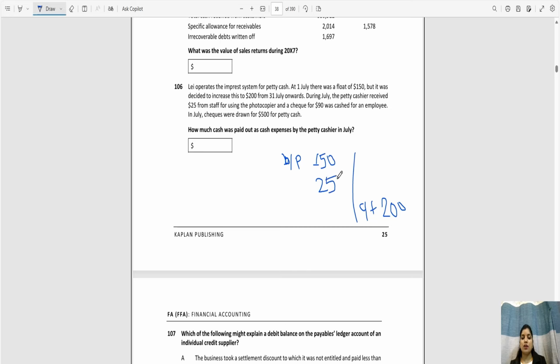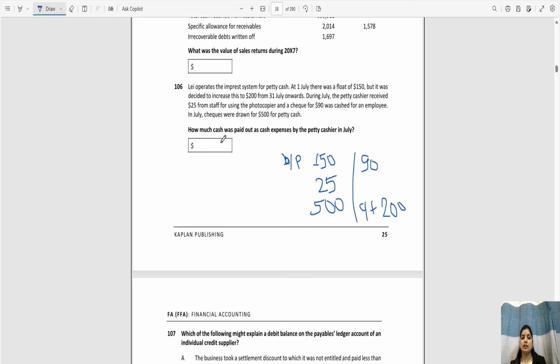A check of 90 was cashed for an employee, so we encashed the check and paid it to the employee. Here we will record 90, because it has been paid to the employee in July. Checks drawn for petty cash are 500, so again it will increase our balance by 500.